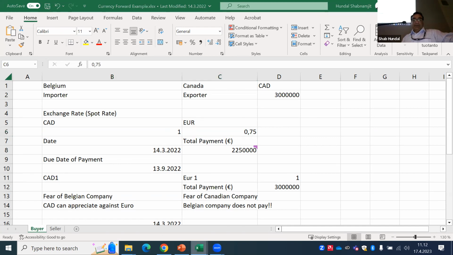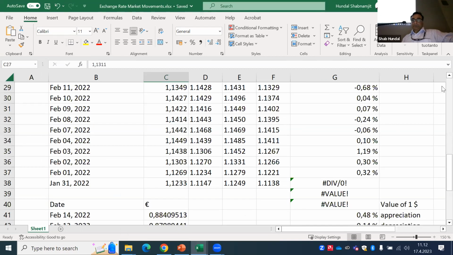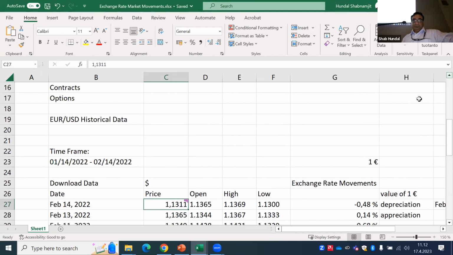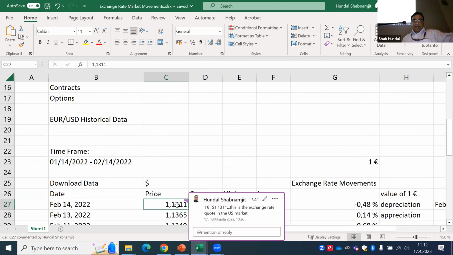Okay, let me show you one more thing. See the comment. Does it make sense? So 1 euro is equal to this many dollars.